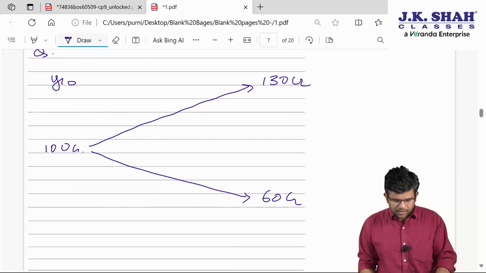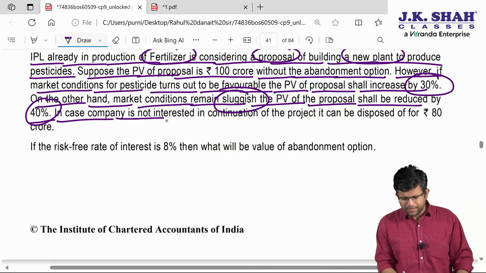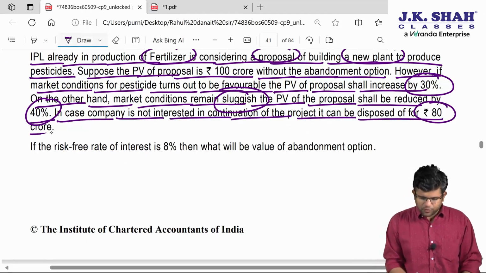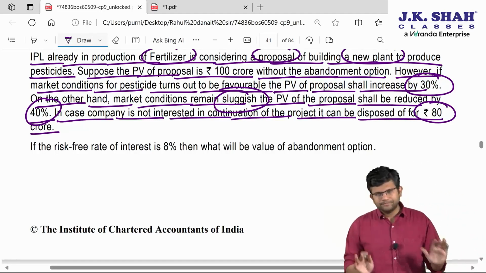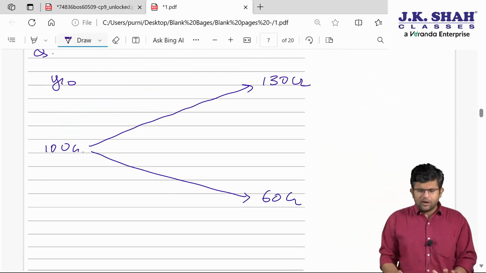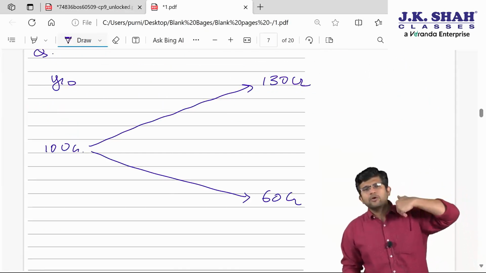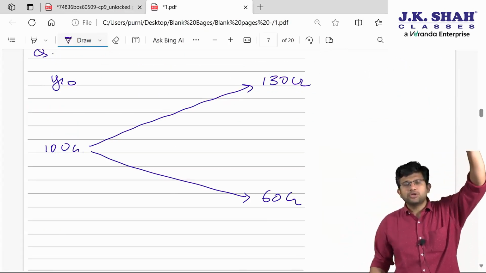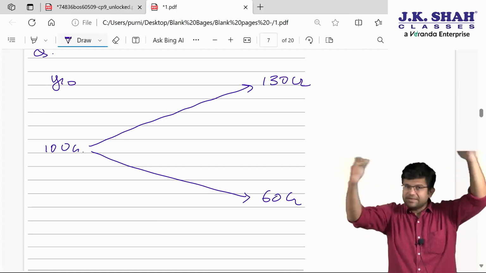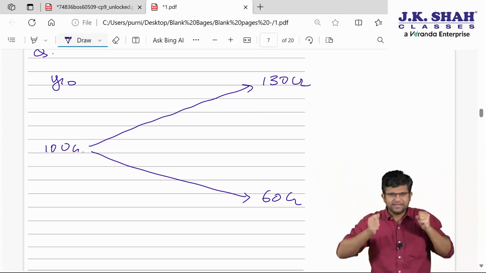Now, in case the company is not interested in continuation of the project, it can be disposed of for 80 crore. Now what this means, very important line of the question. Now they are saying, okay, if everything goes great, 130 crores, if everything goes not so great, 60 crores, the present value of everything is 100 crores.